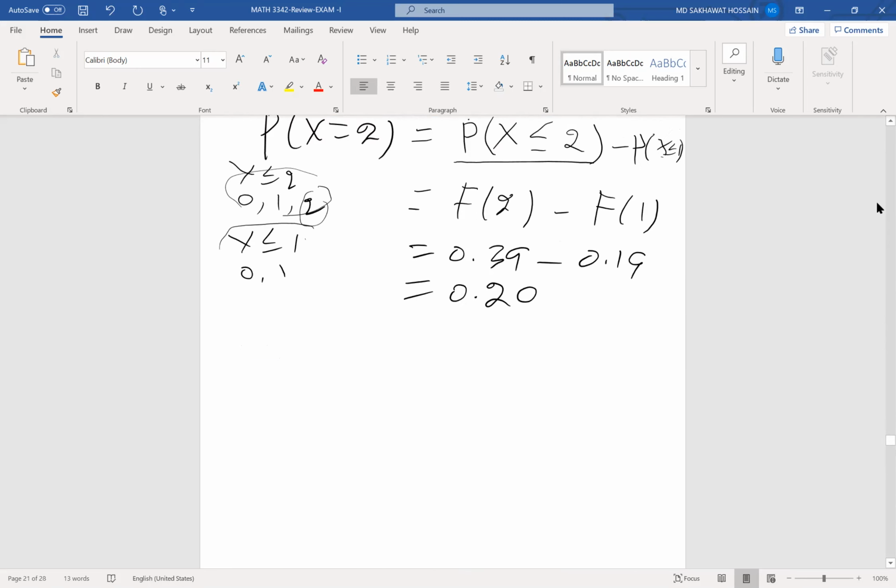Okay. Similarly, if we want to find the probability x equal to 3, how can we calculate this probability?